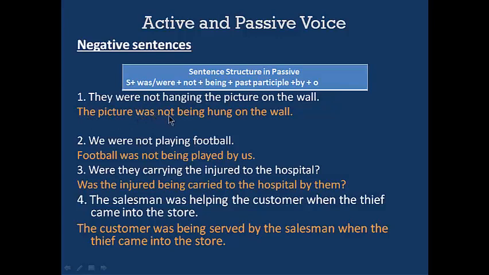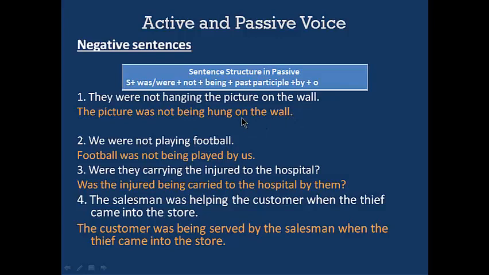The picture was not. Not should be followed by was. The picture was not, and as you know, in continuous tenses we add being in sentences. The picture was not being. The third form of the verb hang is hung. The picture was not being hung on the wall.